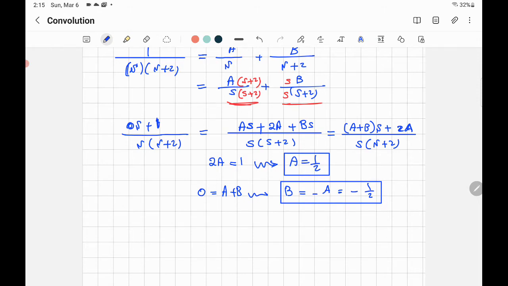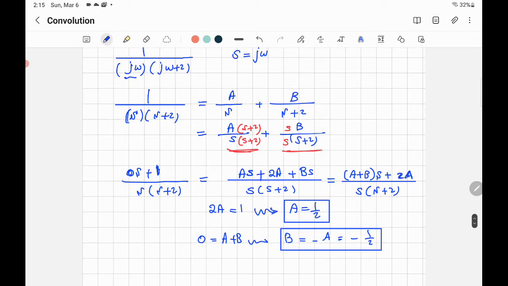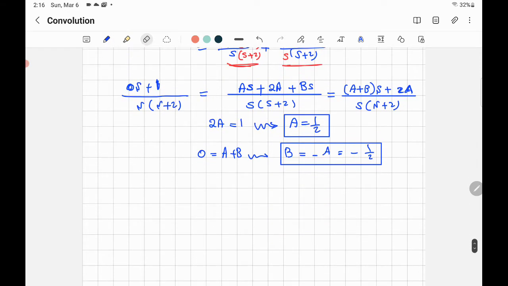We got both. We'll go back to the partial fraction. Instead of this expression, you have a over s plus b over s plus 2. Here you go.